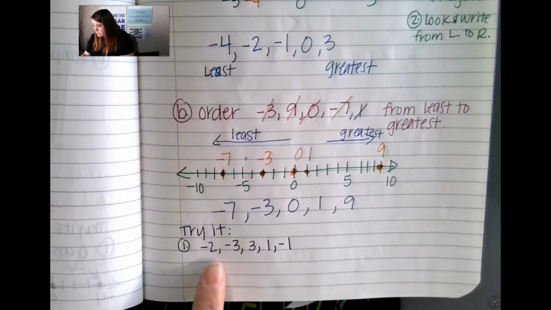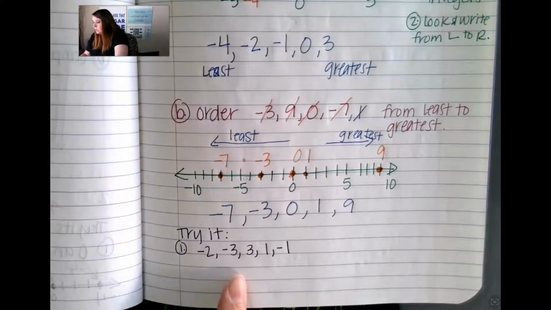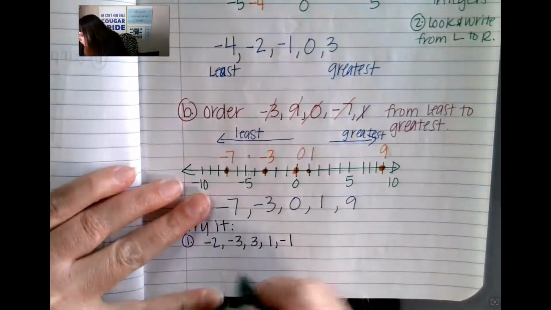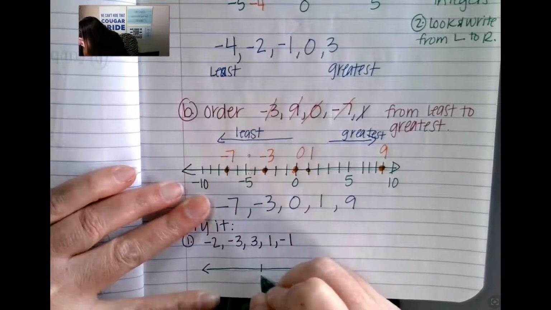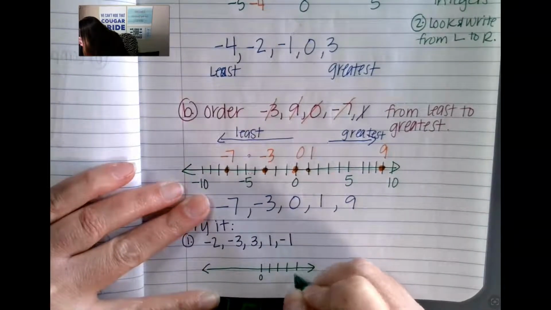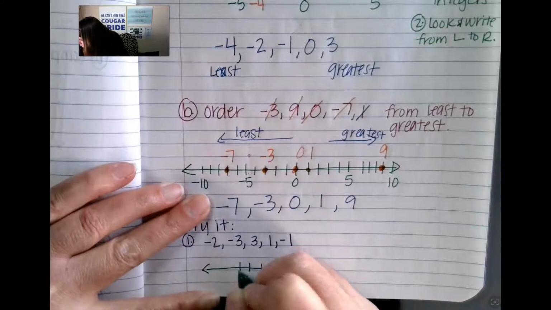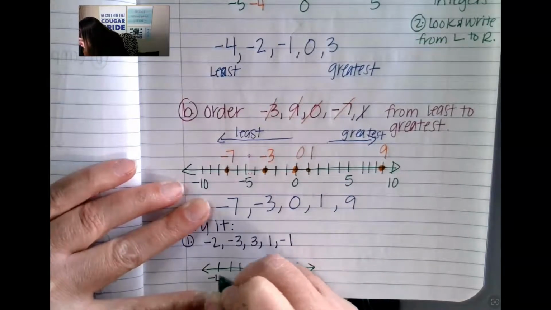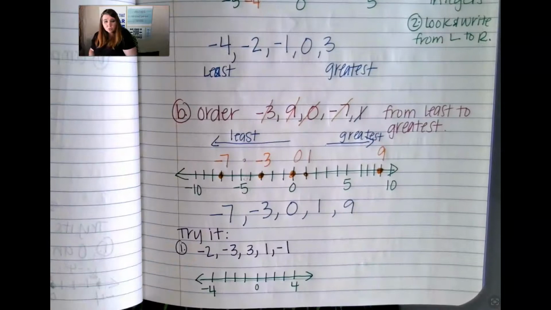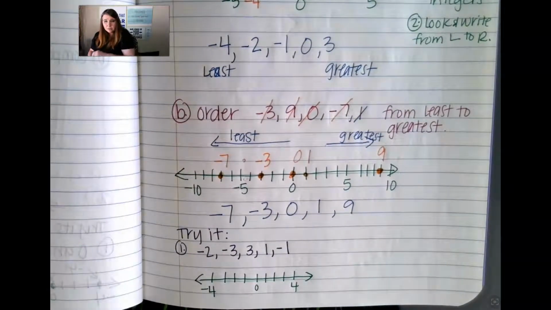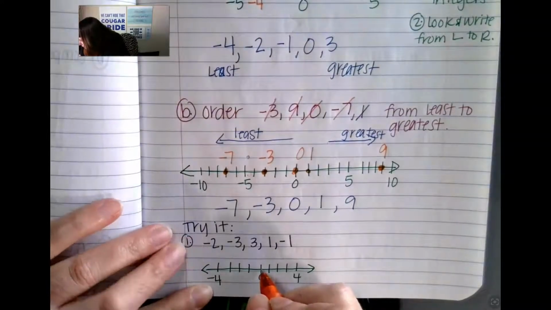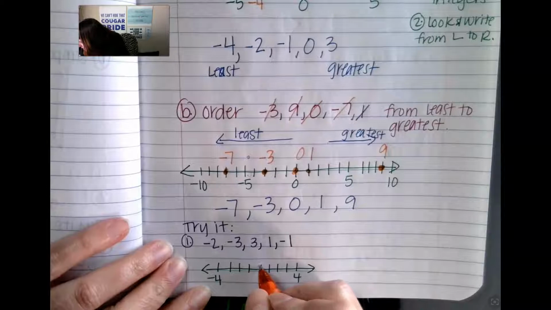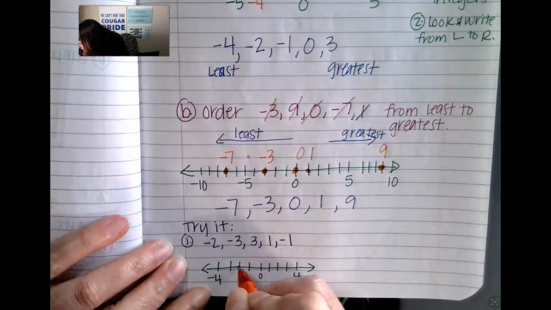All right, so the first thing to do is to graph the integers. So I'm going to draw a graph. 0 in the middle, 1, 2, 3, 4. 1, 2, 3, negative 4. And now I'm going to graph these numbers. All right, my first integer that I have is negative 2. So I'm going to go to 0, and I'm going to go to the left because that's where the negatives are. 1, 2 places.